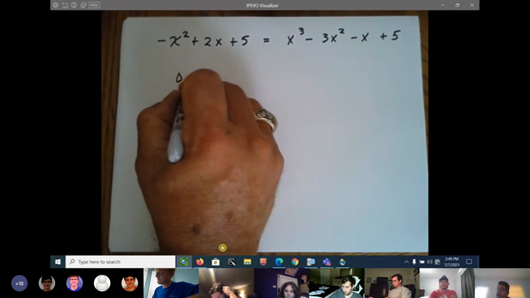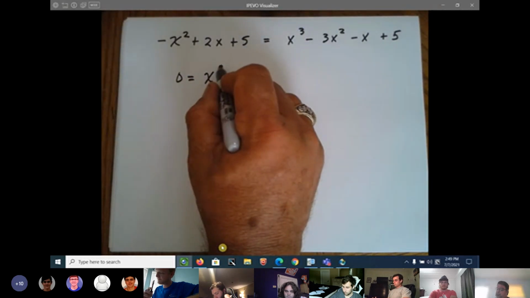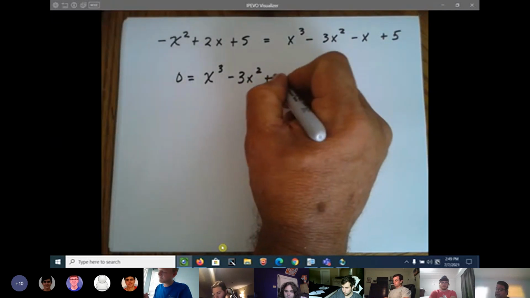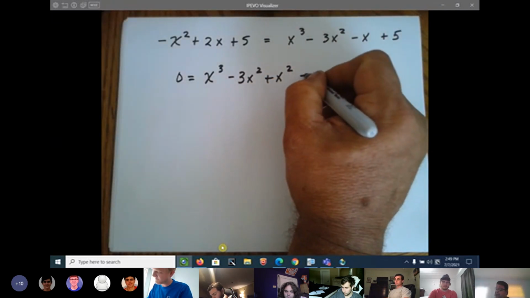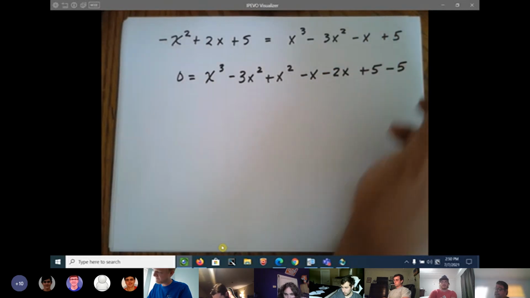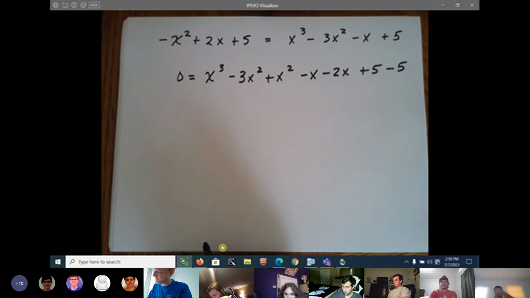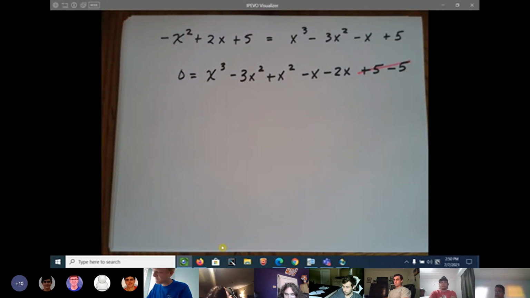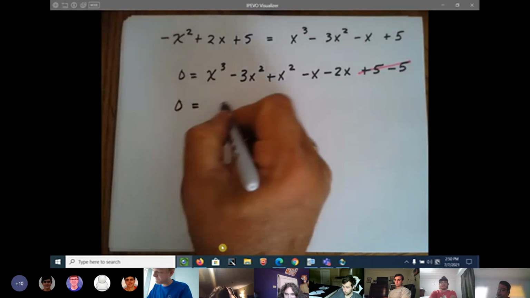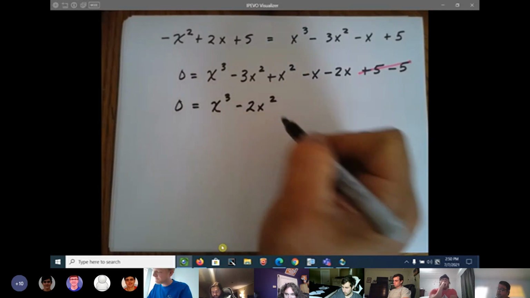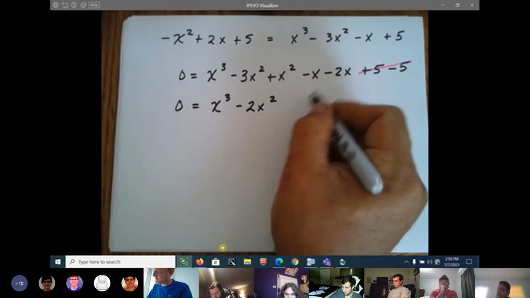So 0 is equal to x cubed minus 3x squared plus x squared minus x minus 2x plus 5 minus 5. Y'all see the 5s cancel. 0 is equal to x cubed minus 2x squared minus 3x.